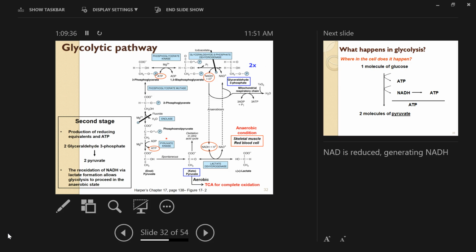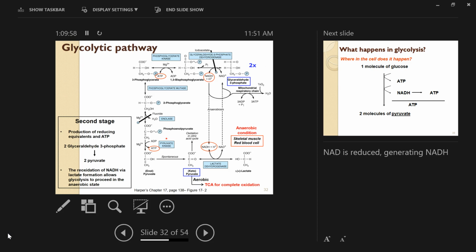And under anaerobic conditions, for example in red blood cells, because there are no mitochondria, aerobic metabolism will not happen, so lactate will be the final product.